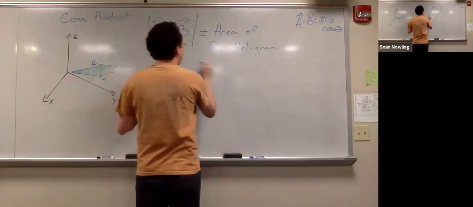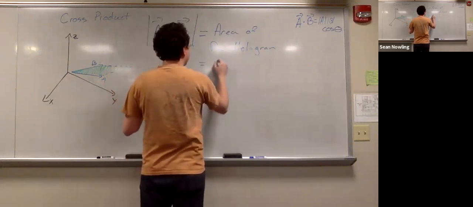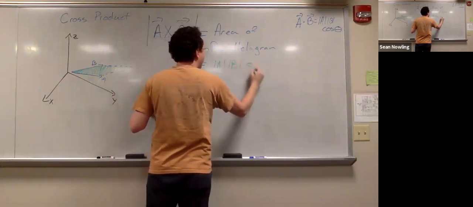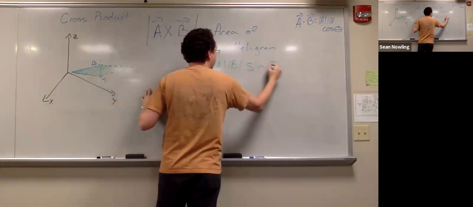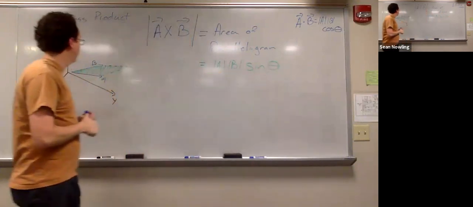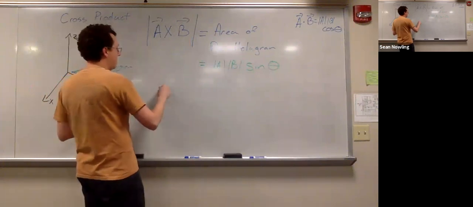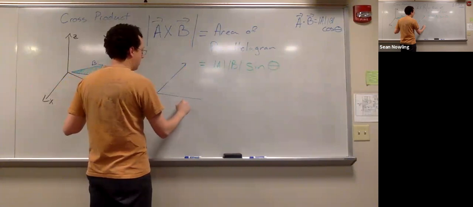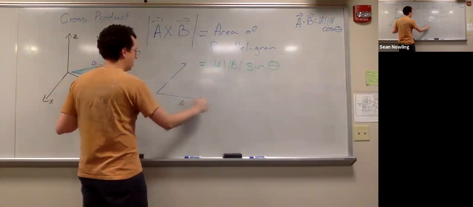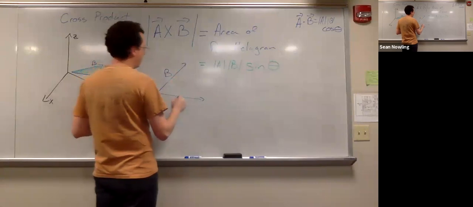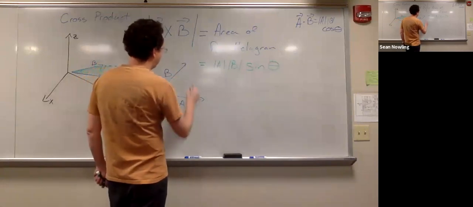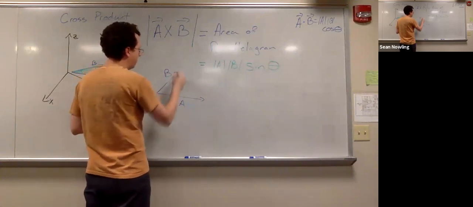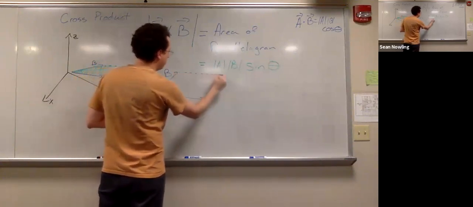The formula for that, it turns out, is the magnitude of A times the magnitude of B times the sine of the angle between them. Okay, so you can see that in the plane. If I just draw vector A and B, then I make this parallelogram.